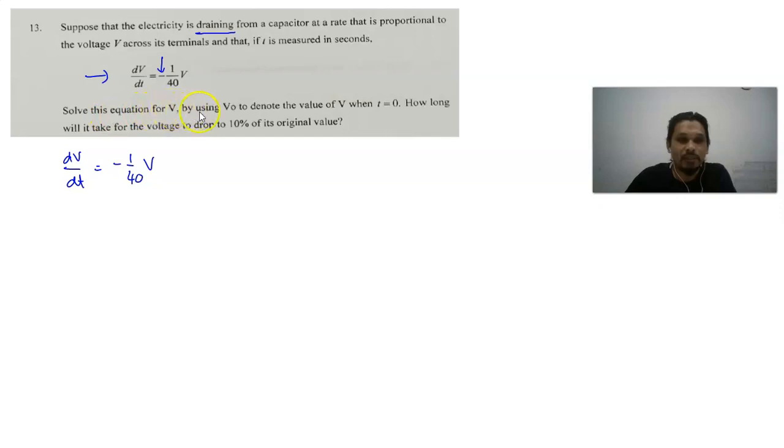Solve the equation of V by using V naught, the value of V when t equal to 0. Okay, but before that, let's solve this first part here now.